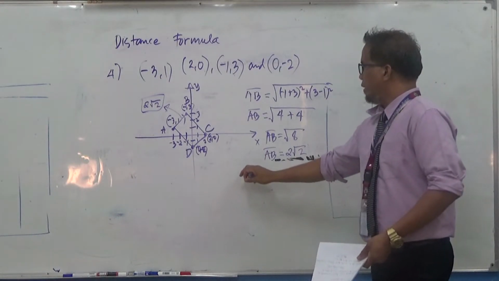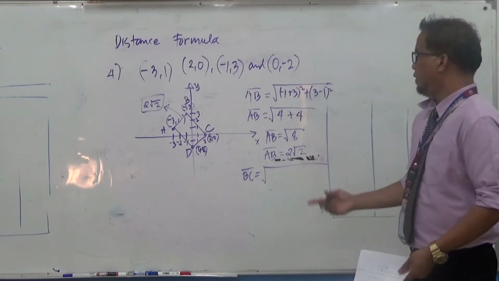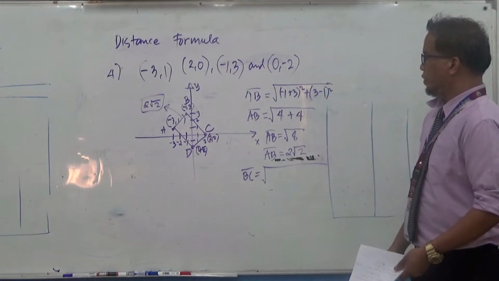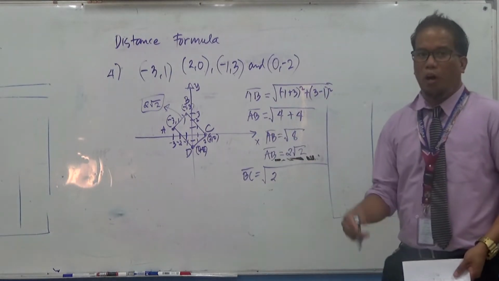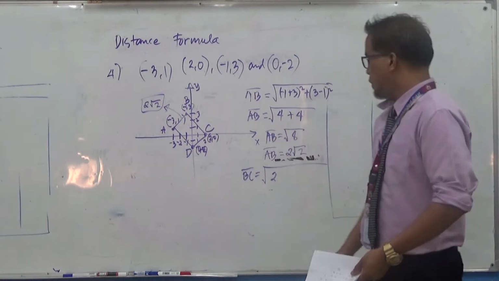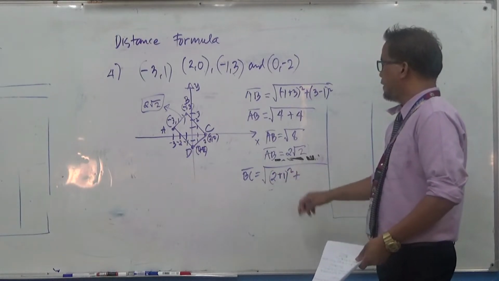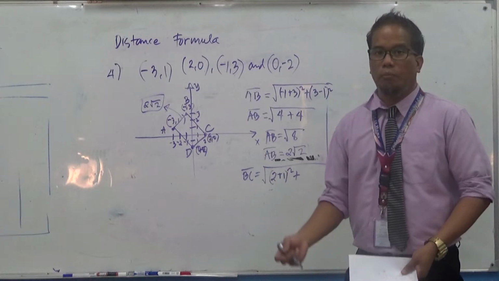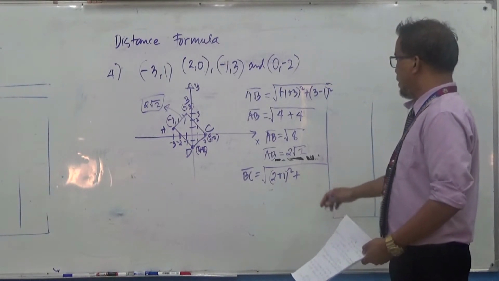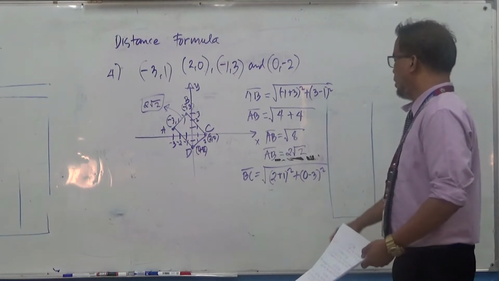So for segment BC, we have the square root of, your x sub 2 is 2, then your x sub 1 is negative 1, so it will become plus 1. So (2 + 1) raised to 2 plus your y sub 2 is 0, then y sub 1 is 3, so (0 - 3) raised to 2.